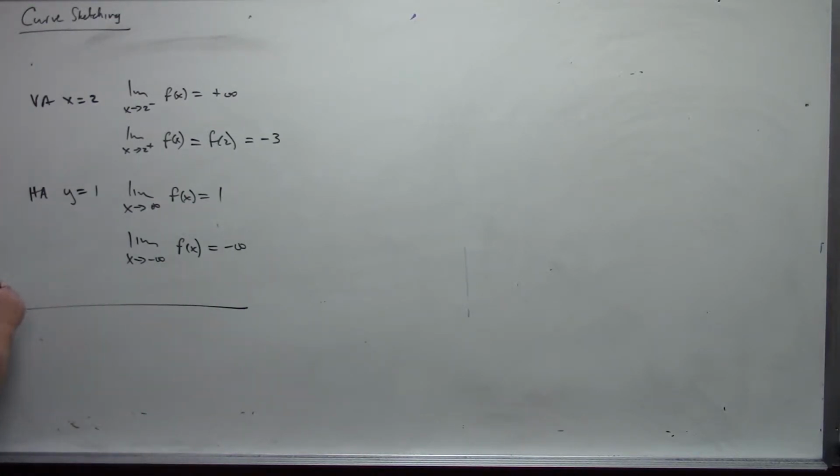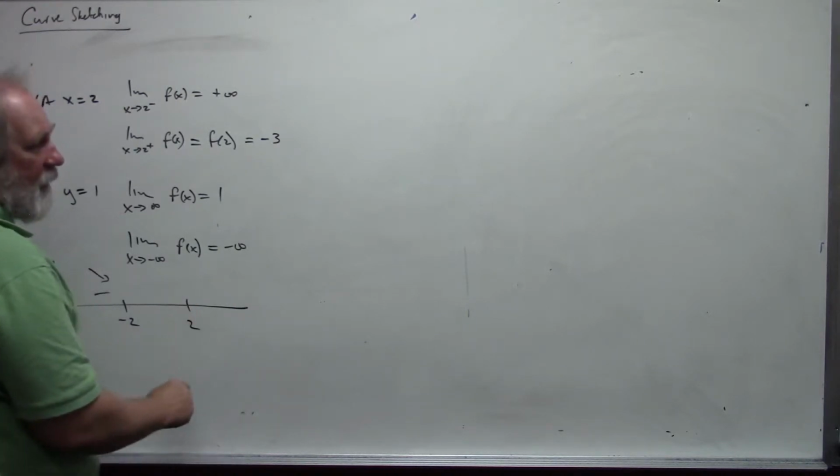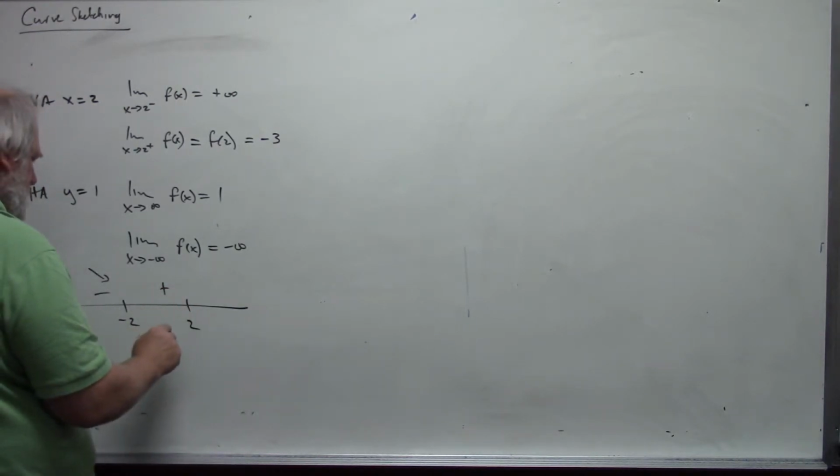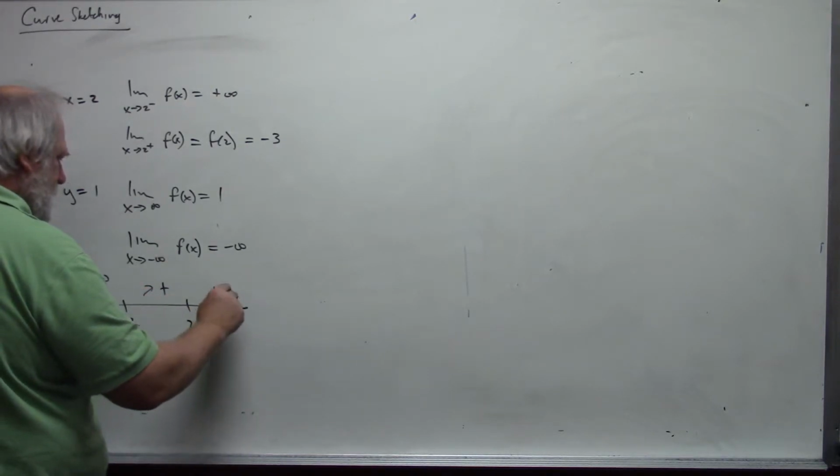My first derivative, we'll say it goes negative 4. From negative infinity to negative 4, it's increasing. From negative 4 to negative 2, it's decreasing. From negative 2 to 2, it is increasing. And from 2 to infinity, it's increasing.